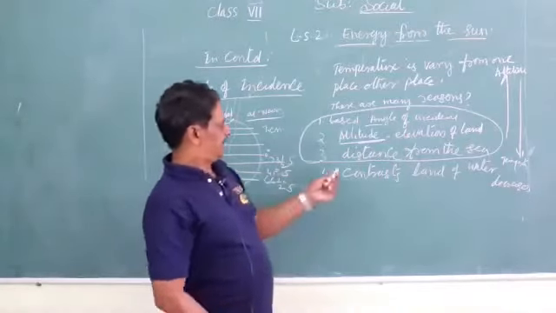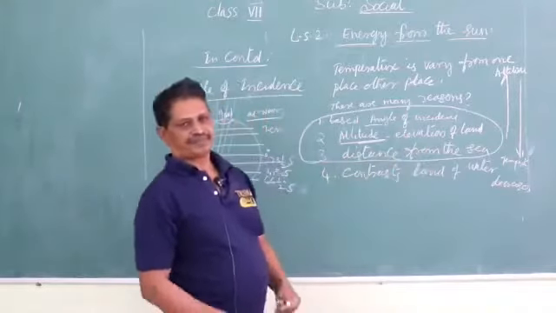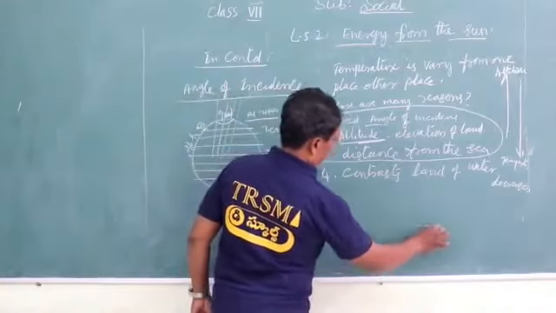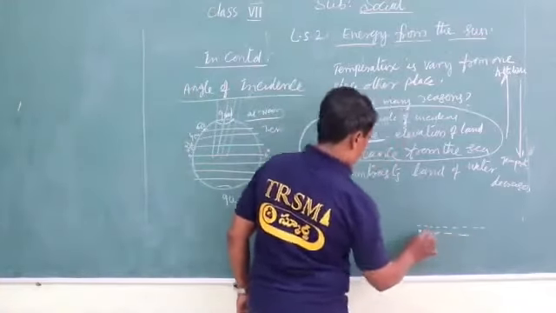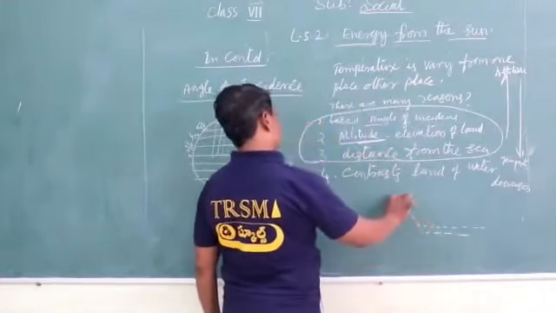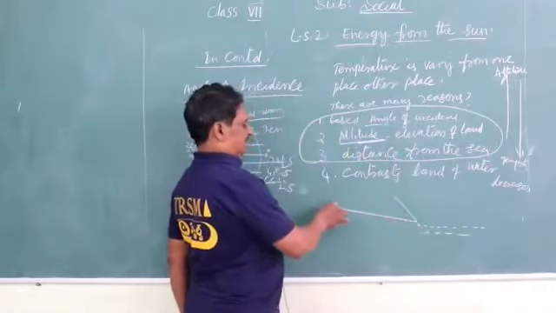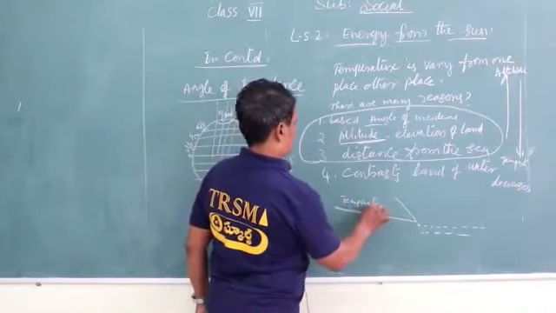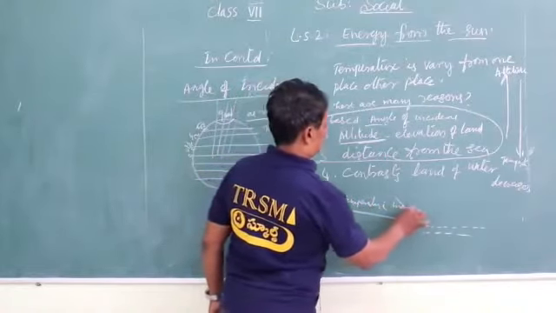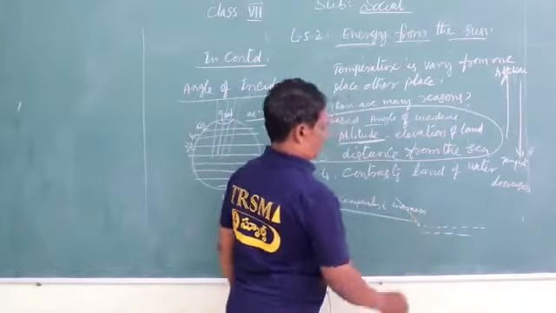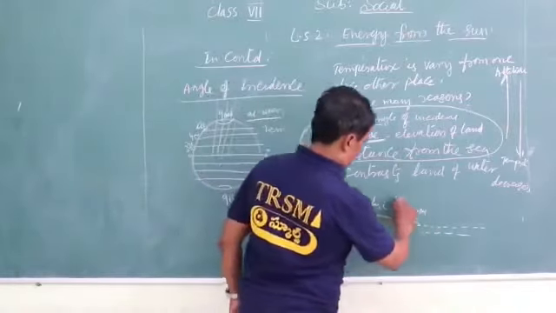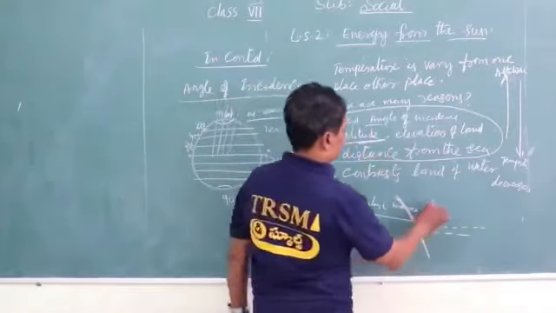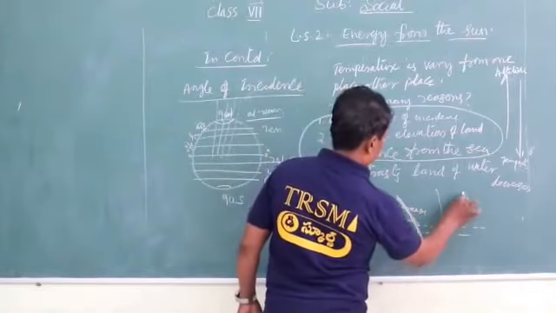Okay? Distance from the sea. When we are moving from the sea, this is the sea. When I am moving away from the sea level, temperature increases. Why? Because the nearest places, suppose take India like this.